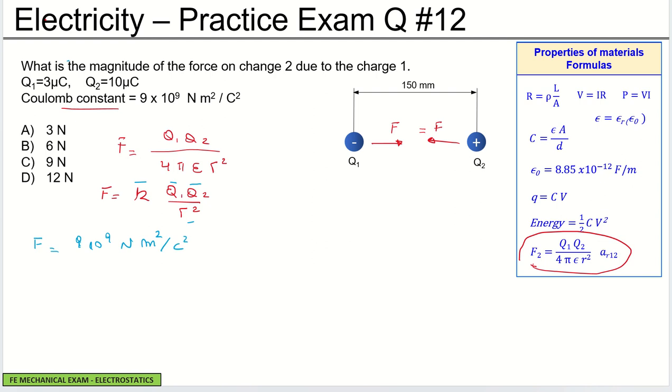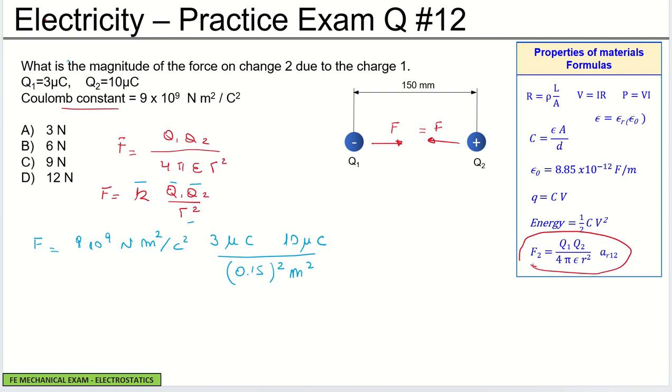Then Q1 is 3 microcoulombs, Q2 is 10 microcoulombs, divided by the distance squared, which is 0.15, square meters.